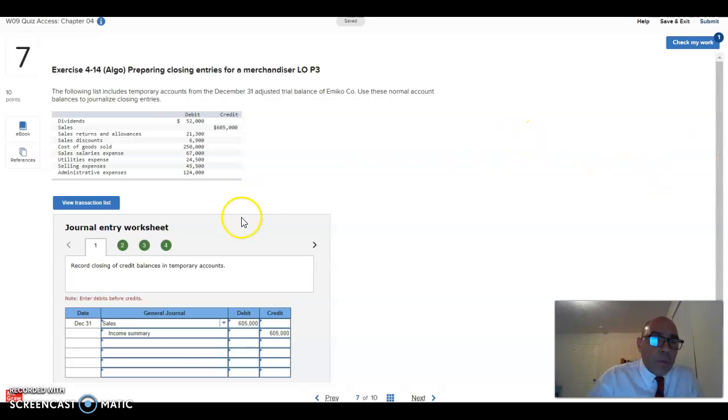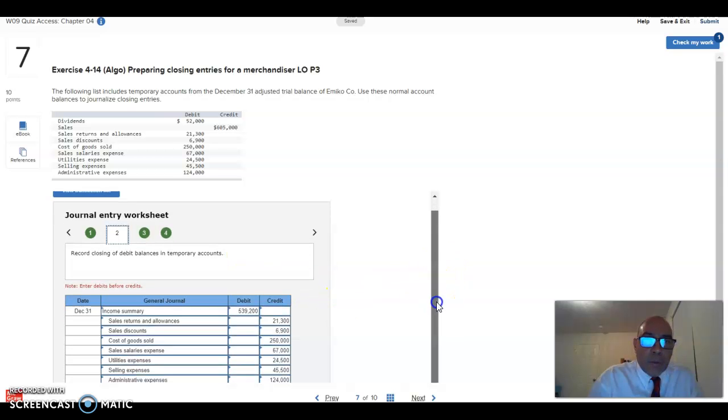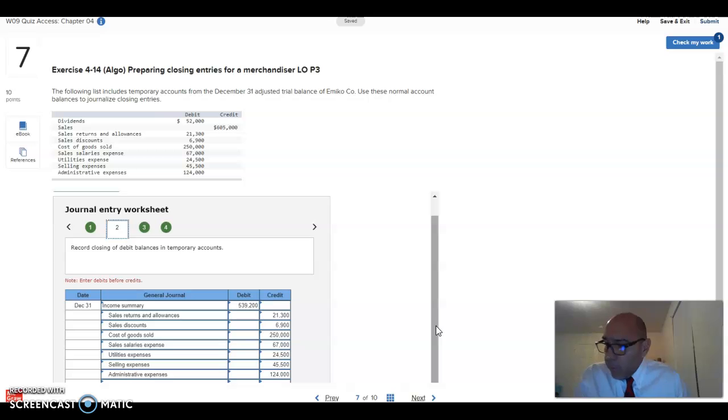Now we're going to move to the second entry. The second entry is to record the closing of debit balances in temporary accounts. Step number 2 is called close debit balances in temporary accounts to income summary.